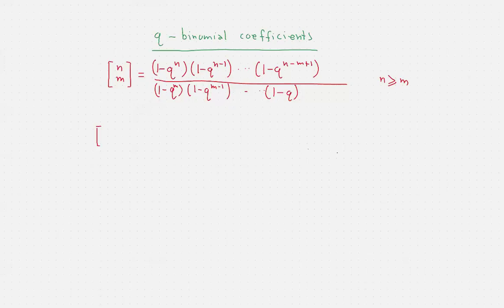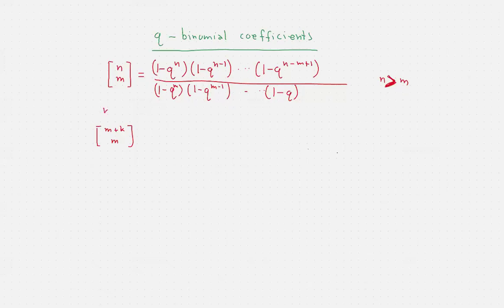So we actually replace n by m plus k, and for our purposes, we will use that n is greater than m, and k is greater than or equal to 1 in this setup.